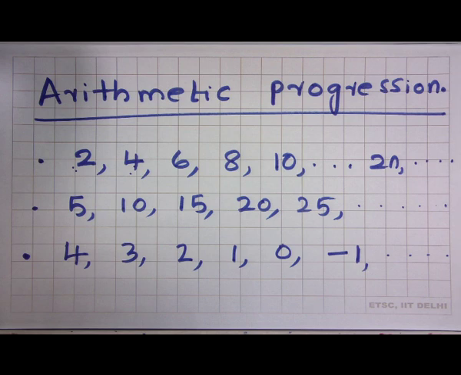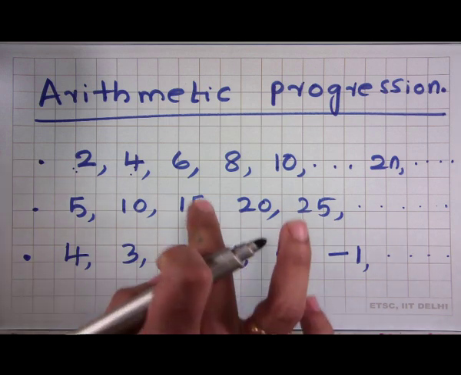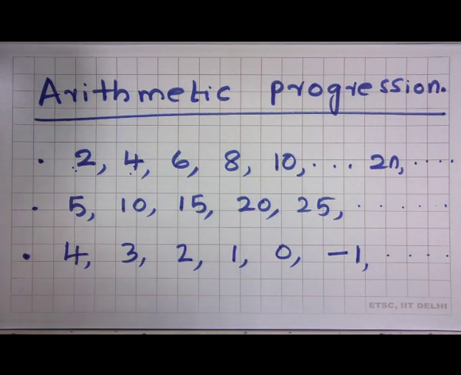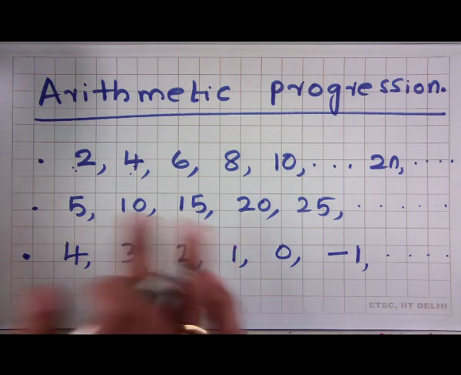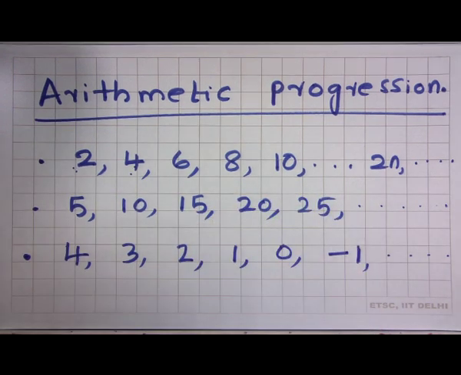Similarly, in the second example, the difference between the second term and the first term is 5, which is the same as the difference between the third term and the second term, which is again 5, which is the same as the difference between the fourth term and the third term, and so on.